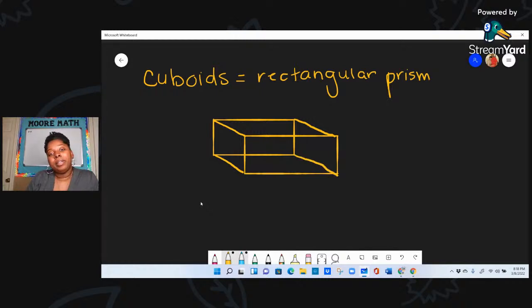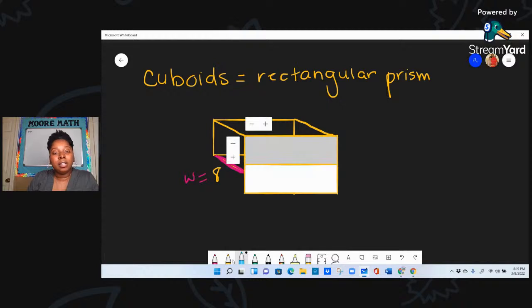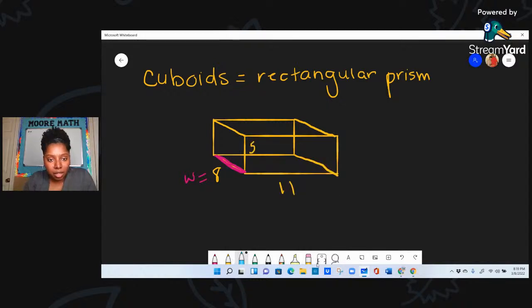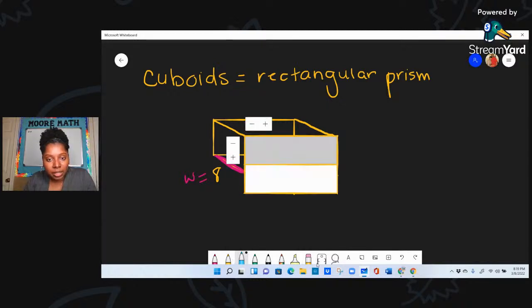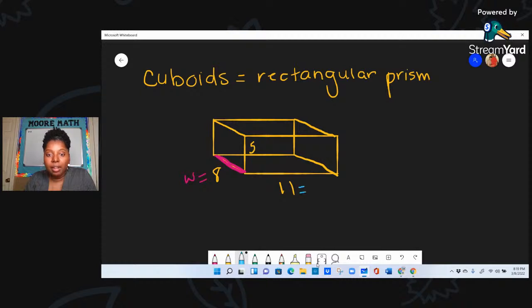We have 11, 8, and 5. Our width, how wide this box is, 8. Our length, our longest side, sorry. Our longest side is 11, and our height is 5.